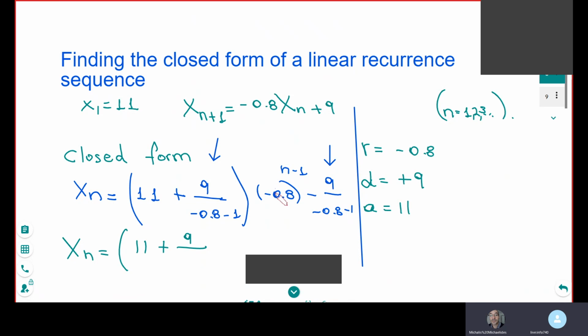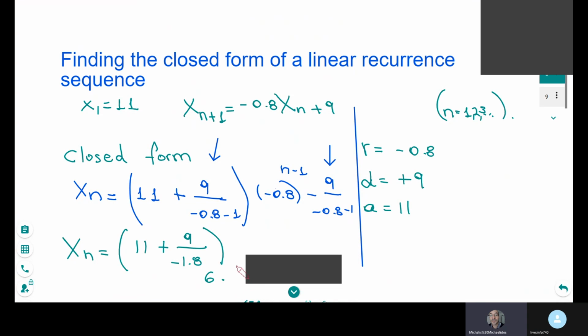So all this bracket goes into 6. Okay, so this will give you a 6. Because it's minus 1.8, if you divide 9 by minus 1.8, you have minus 5, and at 11, you have the 6. And basically this 6 times minus 0.8 to the power of n minus 1.